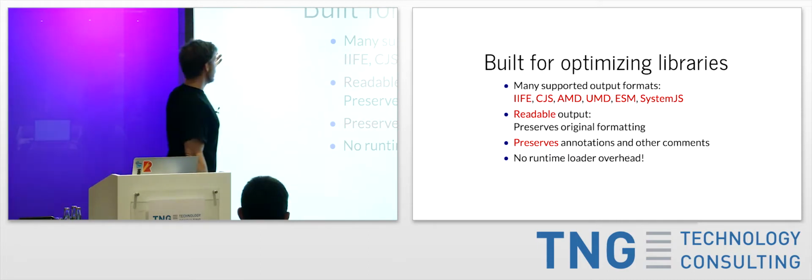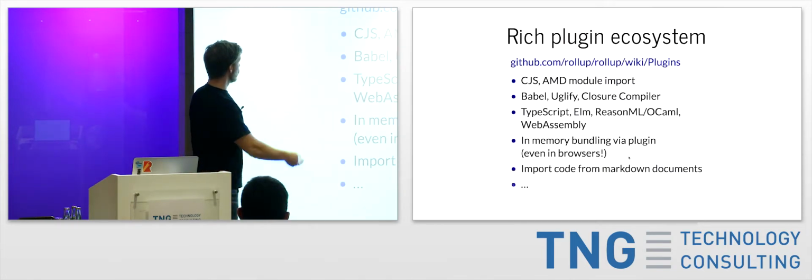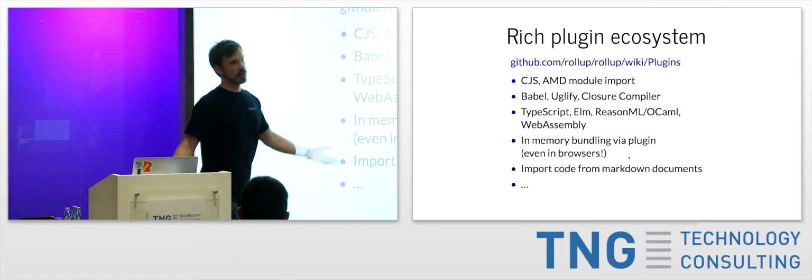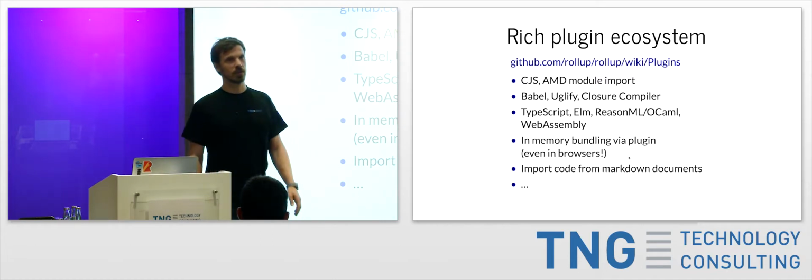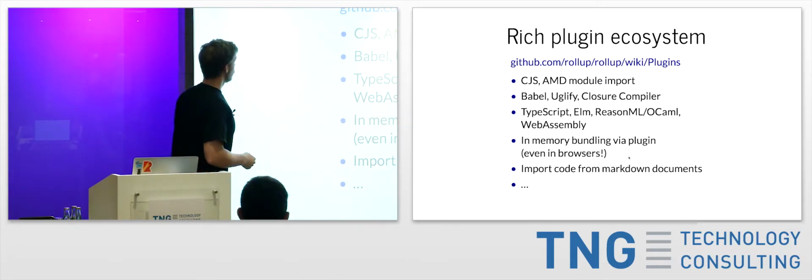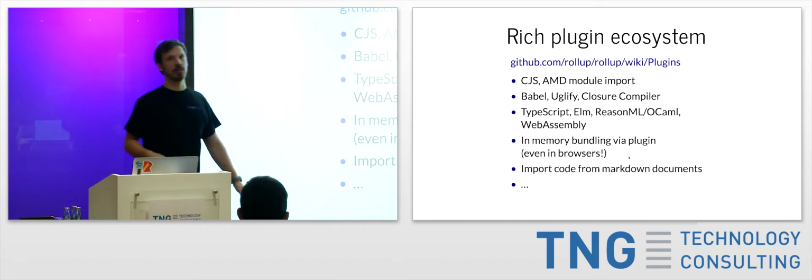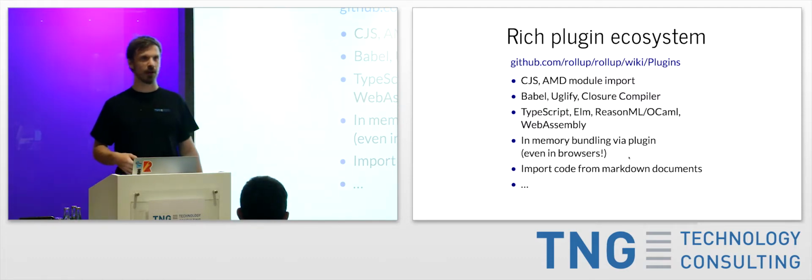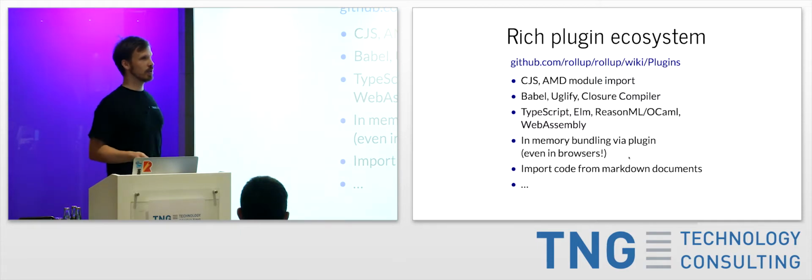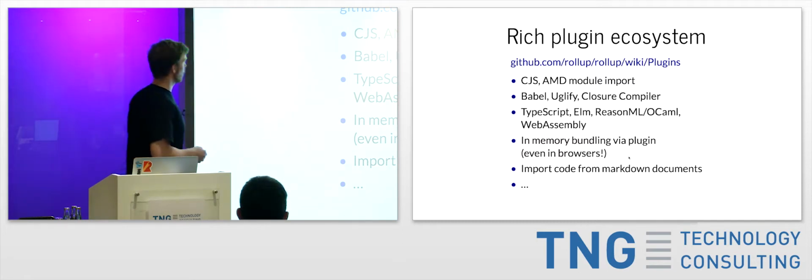And we have a rich plugin ecosystem, so you can import CommonJS, of course. Without this, this would be kind of stupid. We have Babel support, of course, Uglify. You could even use Closure Compiler if you think Rollup could be improved. Closure Compiler can do a few tricks that Rollup cannot do, but not many. We're working on this.